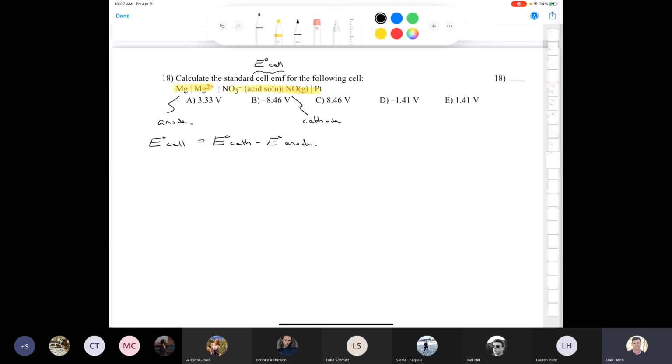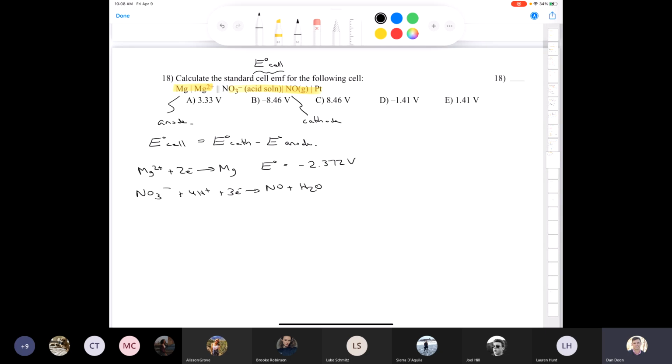Let's take a look at the anode first. If you look up in the table, you see Mg2+ plus 2 electrons produces magnesium. The standard reduction potential is negative 2.372 volts. If you look up the standard reduction potential of NO3 minus, it's NO3 minus plus 4H plus plus 3 electrons gives you NO plus H2O.